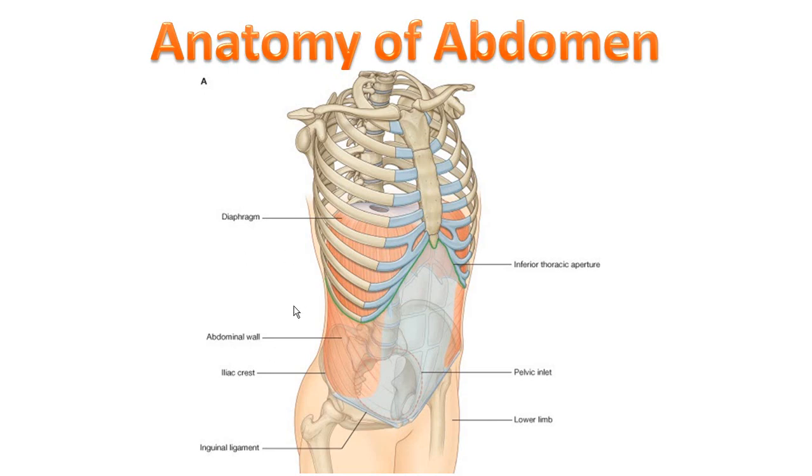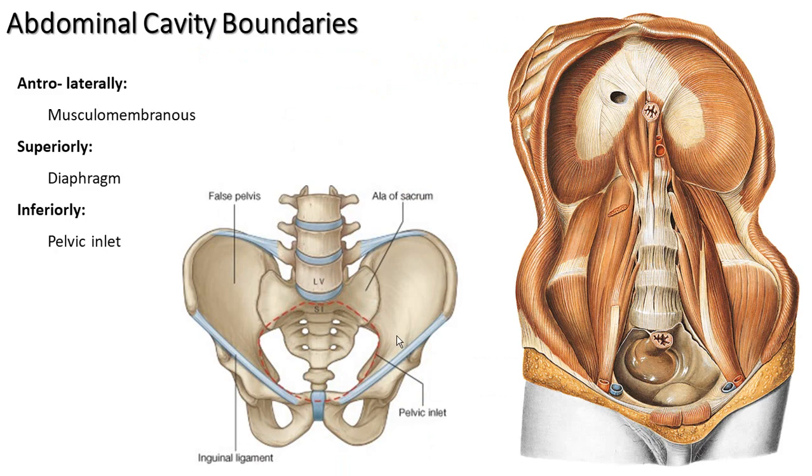As you know, the anterior abdominal wall is a muscular aponeurotic structure confined to the anterior and lateral aspect of the abdomen.